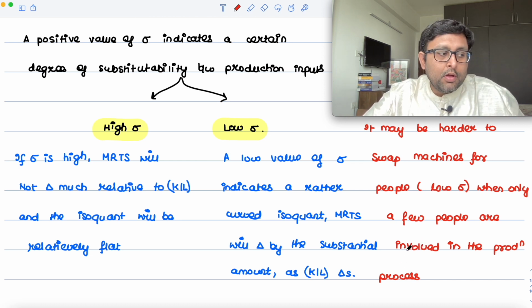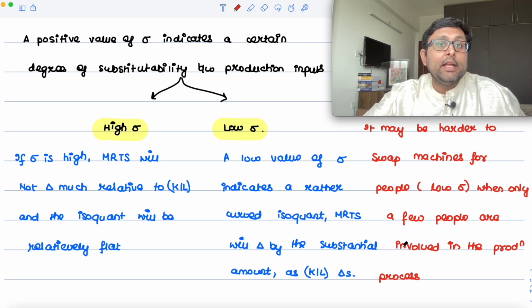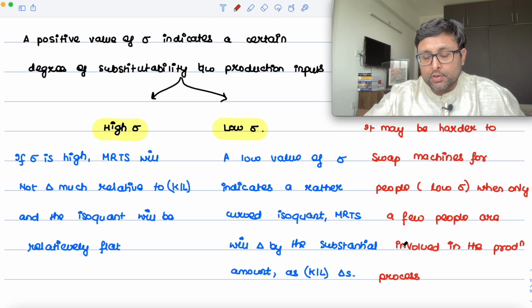Whereas it is easier to introduce machines if there are enough people involved in the production process.